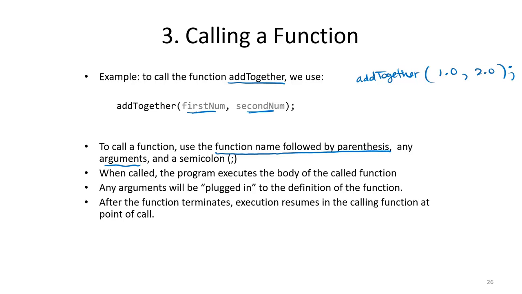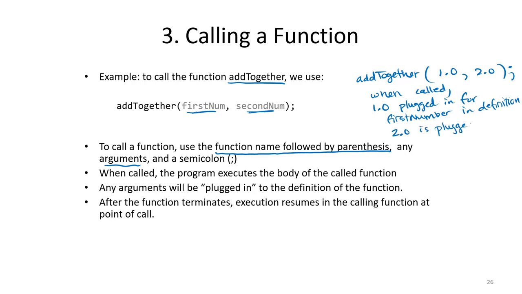And when I call that function add together, it will plug in the 1.0 for first number in the definition, and then the 2.0 is plugged in for second number.